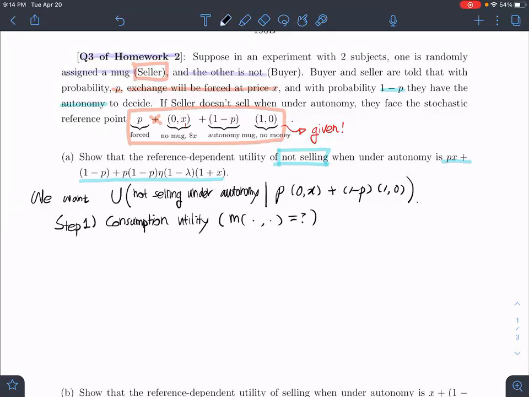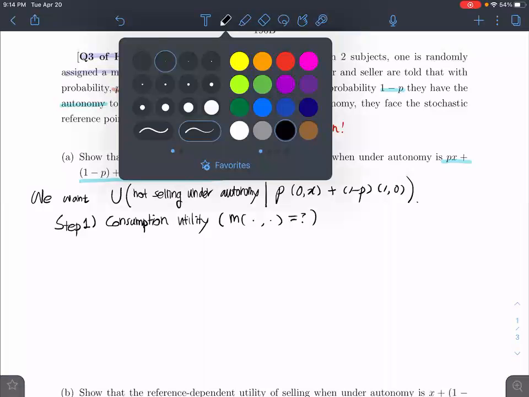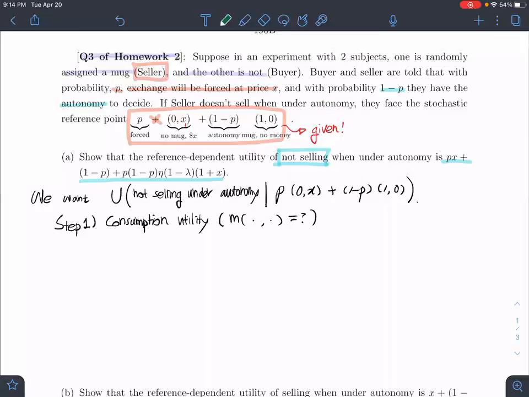We are using expected utility here to compute this consumption utility. Let me write in English first and then with equations.